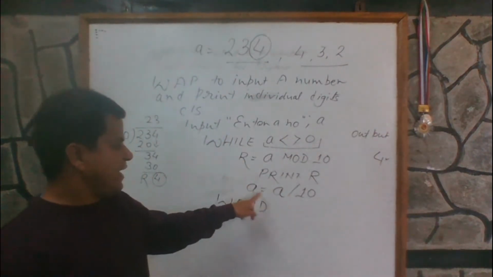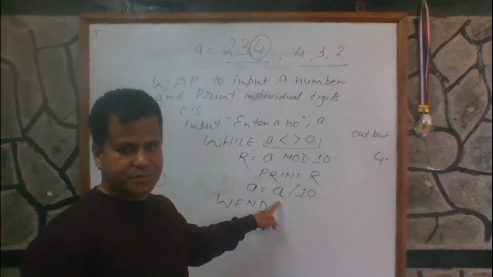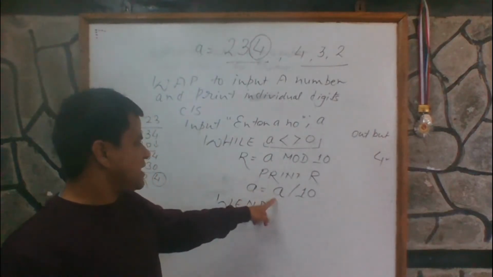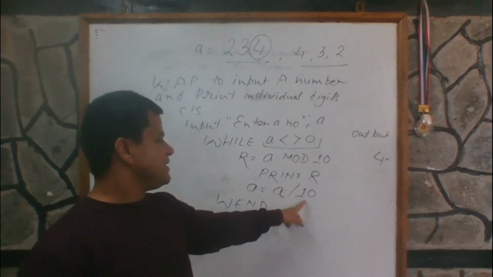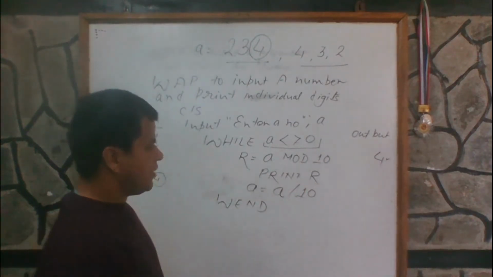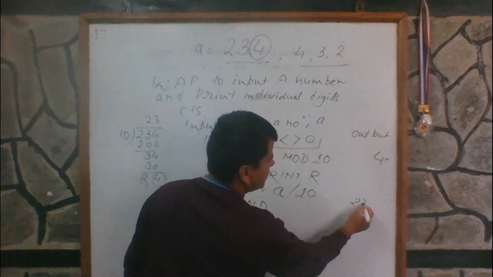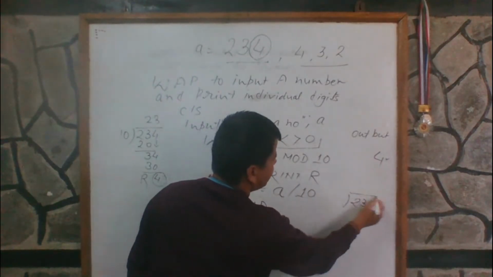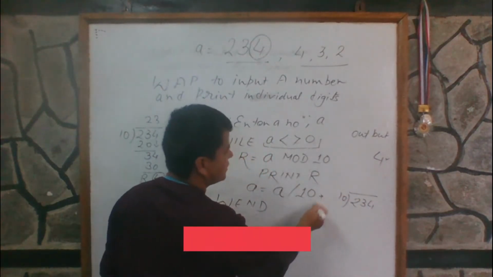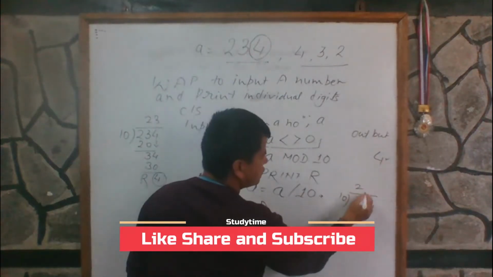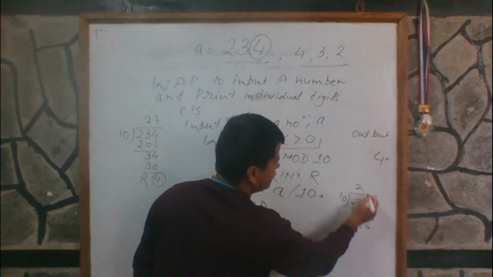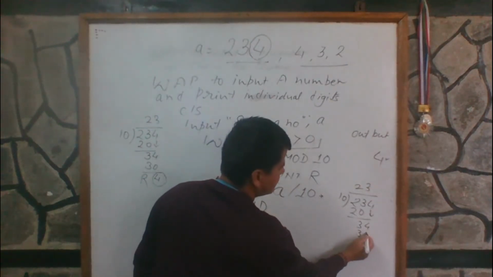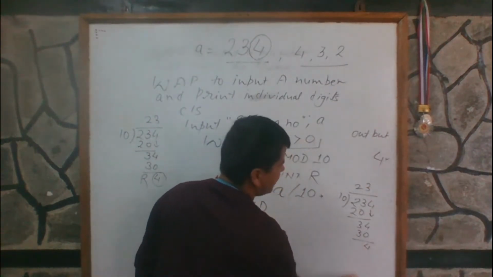Now the value of A is changed over here. How is it changed? A is divided by 10, or integer division by 10. So when we divide 234 by 10, I am explaining this one. 10 2s are 20, then 3, then 3 4 34, 10 3s are 30, and 4 is the remainder.